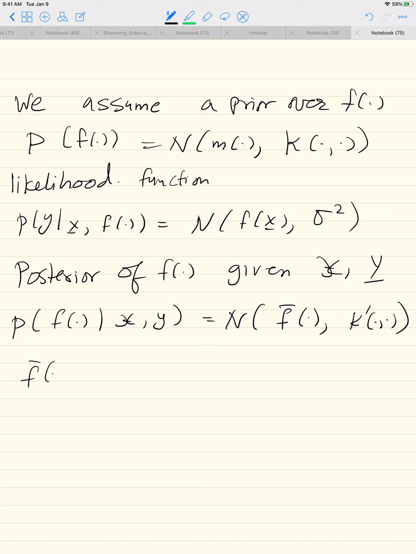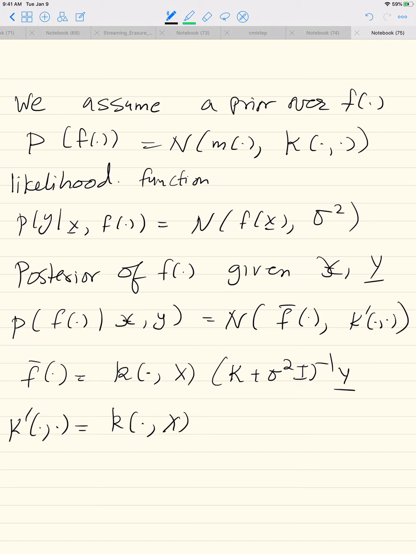Where f bar can be easily computed again using properties of the Gaussians, and k prime is k. This is the data matrix, so it's evaluated row wise.